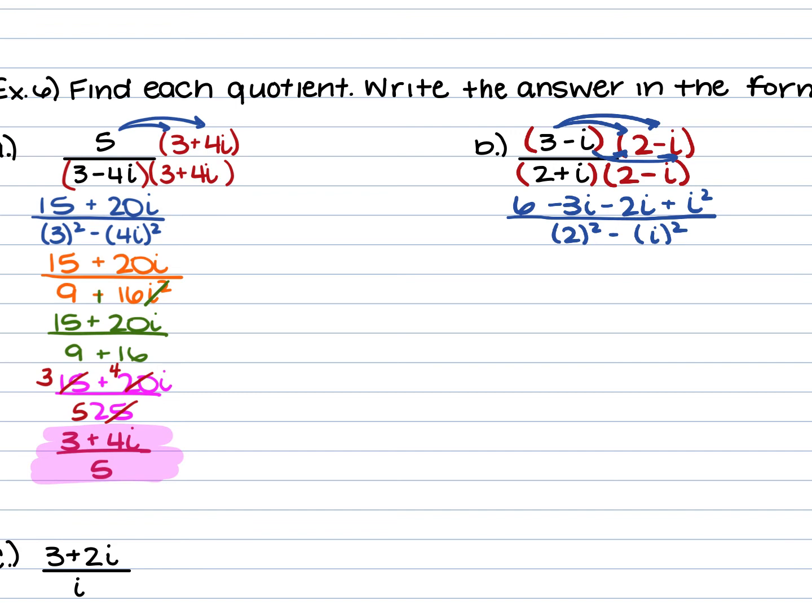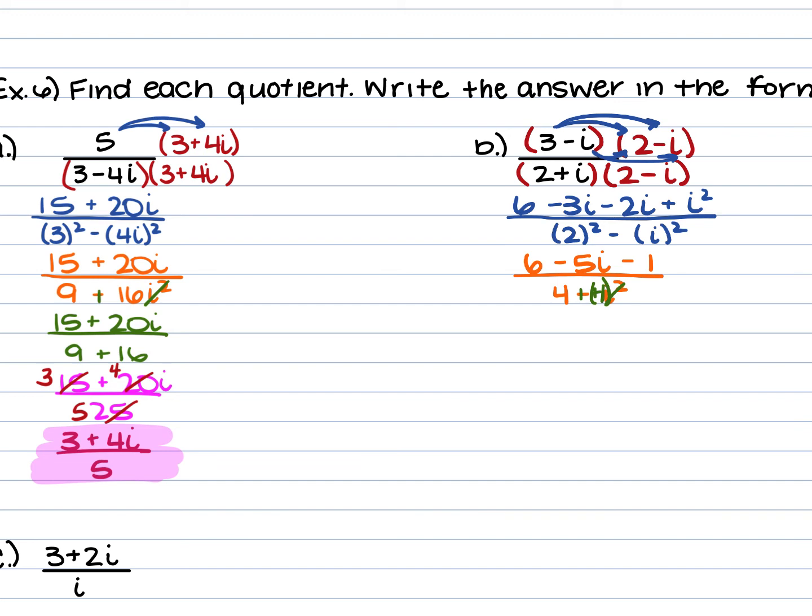We simplify this by combining like terms in the numerator and turning that i squared into negative 1. So that's going to give us 6 minus 5i minus 1. In the denominator, we're going to square both of those terms to give us 4 minus i squared. That i squared is a negative 1. So a negative times a negative is a positive.